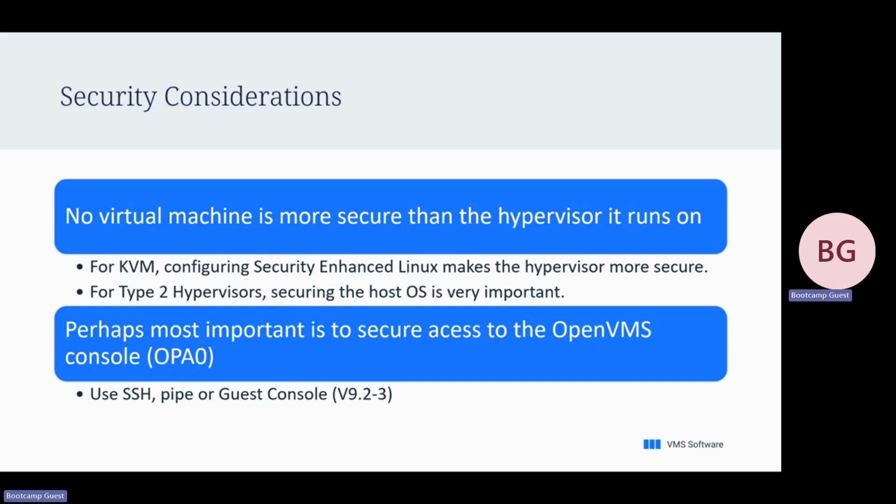Make sure that that console connection is secure at all times. Good ways to secure it are to use the SSH protocol, to use a pipe, or to use our guest console. Do not simply use a telnet port that is open to the entire world.